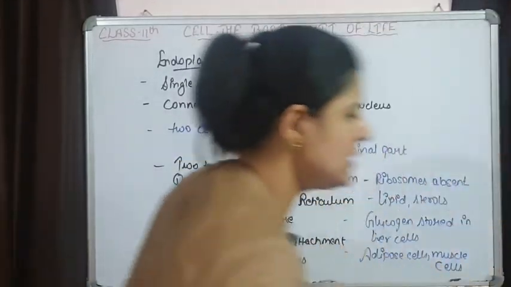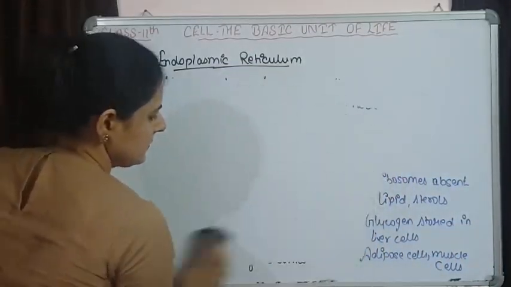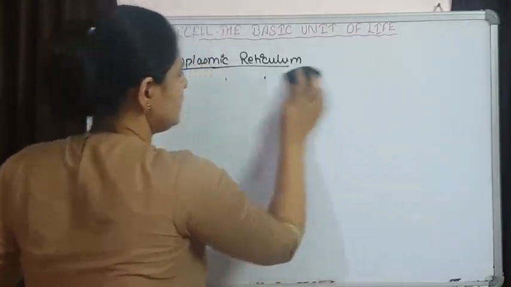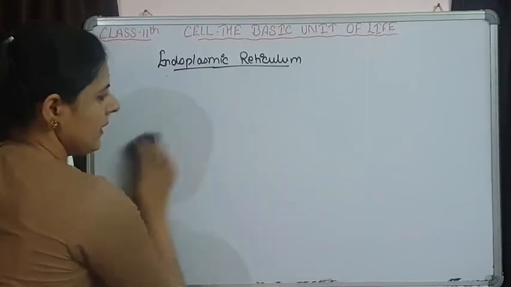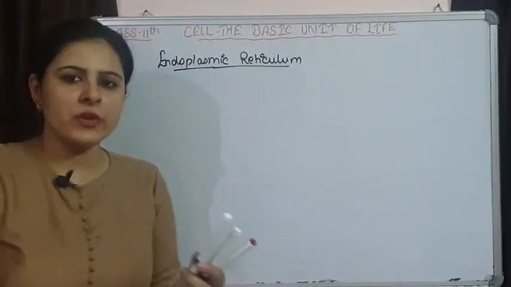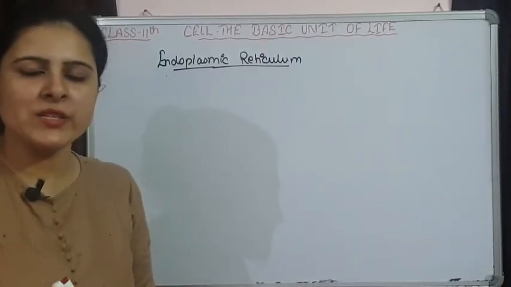Now, see, ribosomes are present on the surface of rough endoplasmic reticulum.